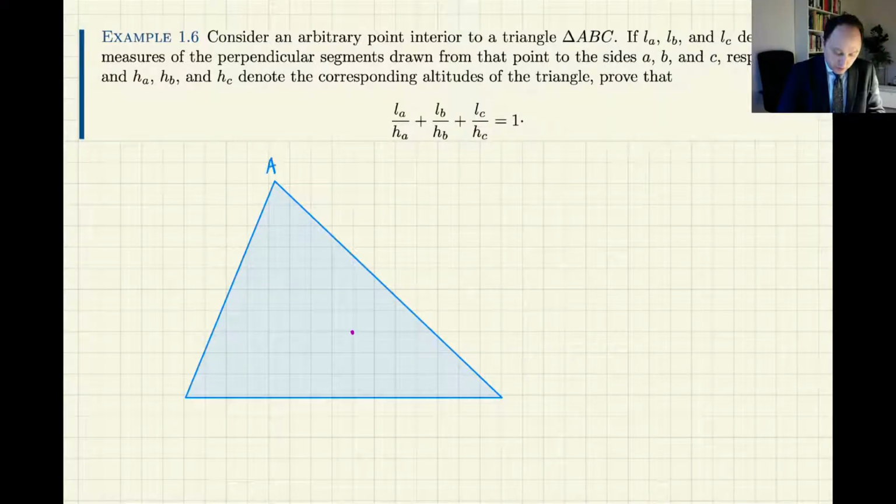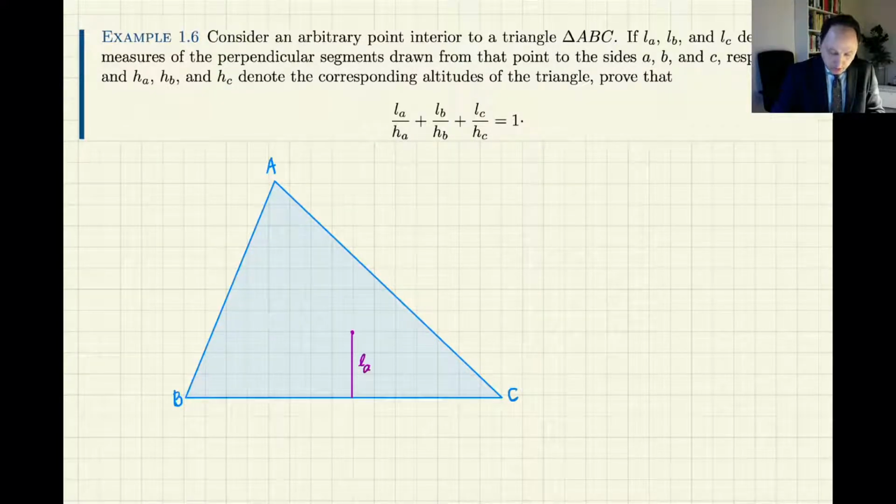So the triangle is mentioned to be ABC in the problem itself. Okay? And then I take a point inside this triangle and draw a perpendicular line from this point to all the sides of the triangle. So for example, I will draw this perpendicular line here. Okay? And I will call it L sub A.